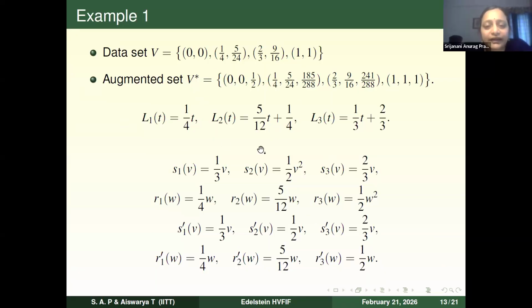Now for the same data set, we also took these S1 prime, S2 prime, S3 prime, and these are giving me Banach contraction. As I said, Banach contractions are a subset; those functions lie inside the space of Edelstein contractions, so I can use them in the same way.